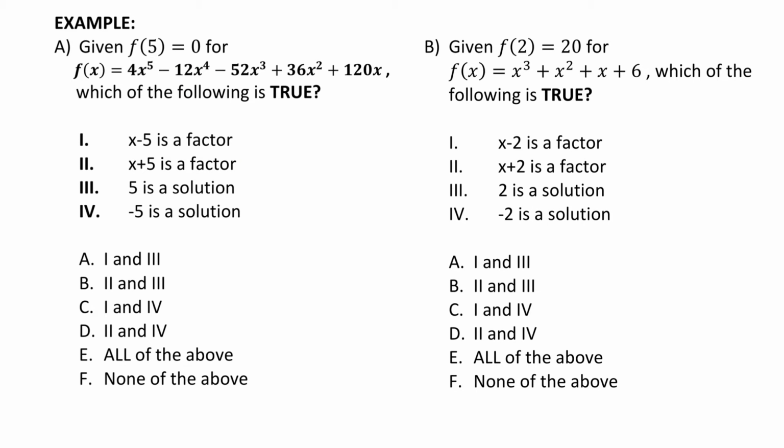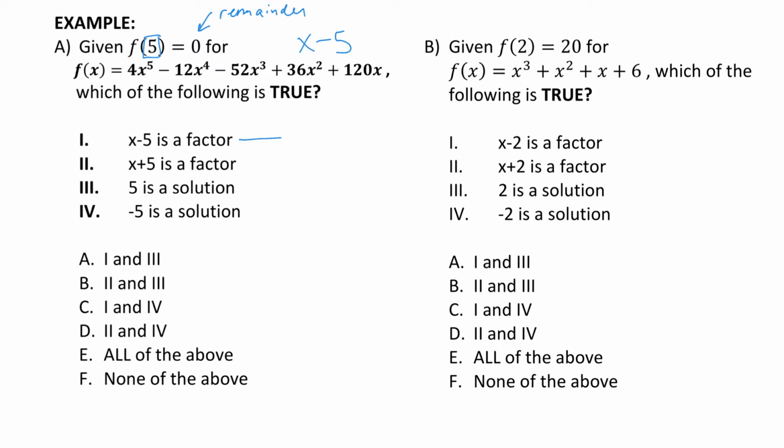So basically what you're going to do here is, they have given us that f of 5 is equal to 0. So that means that when I divide by x minus 5, because you want to take the opposite of this, then it is a factor.